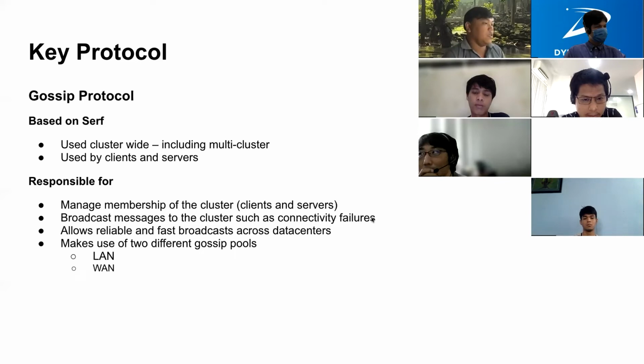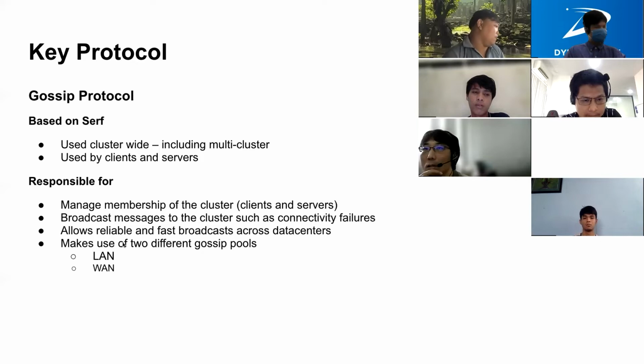So when one of the servers fails, it will broadcast to all the members in the cluster that one server has failed. And it allows reliable and fast broadcast across data centers.